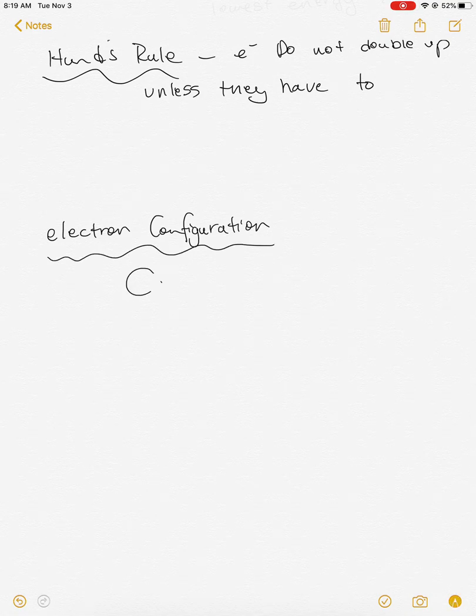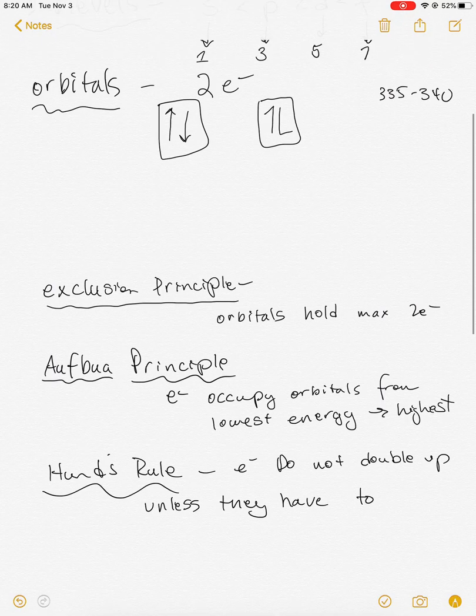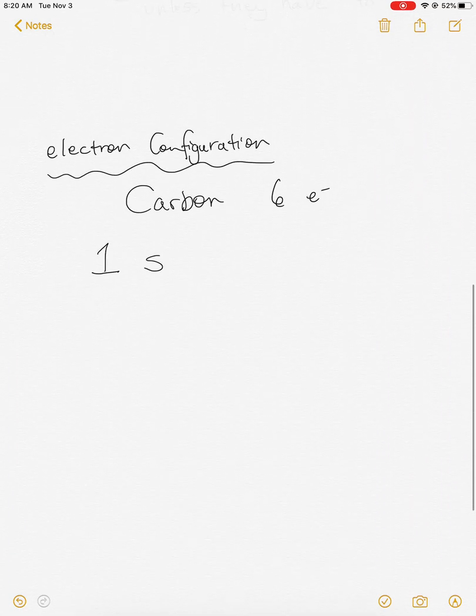So let's do carbon. Carbon has 6 electrons. The first place that they can go is the first energy level, which is 1. Then they're going to start occupying those sublevels. The first sublevel is S, and that can hold a maximum of 2 electrons.